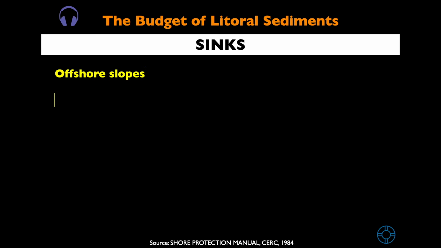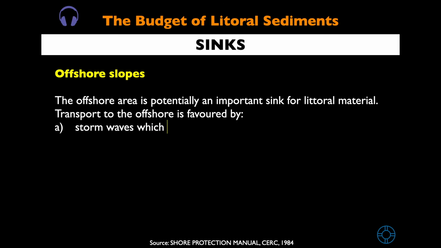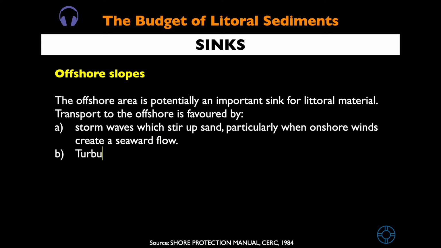Sinks are related to offshore slopes. The offshore area is potentially an important sink for littoral material. Transport to the offshore is favored by: A. Storm waves which stir up sand, particularly when onshore winds create a seaward flow.